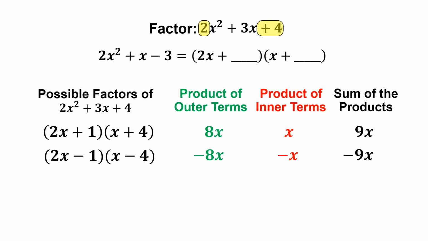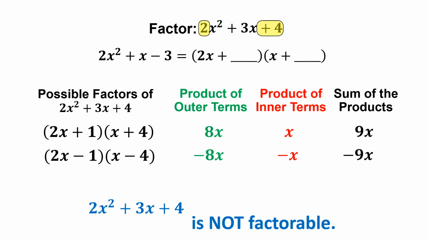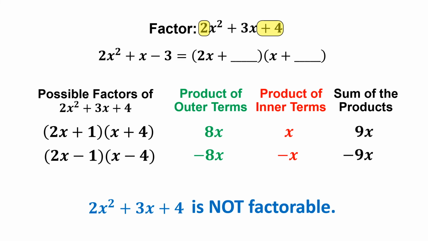Observe that none of the computed sums is equal to the middle term 3x. This means that 2x squared plus 3x plus 4 is not factorable. This means 2x squared plus 3x plus 4 is a prime polynomial or irreducible polynomial.